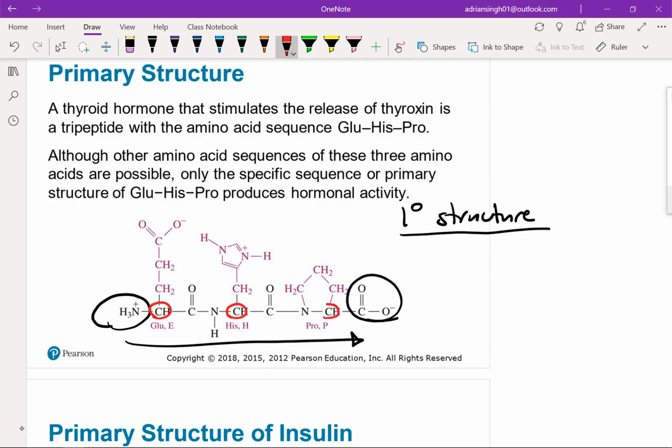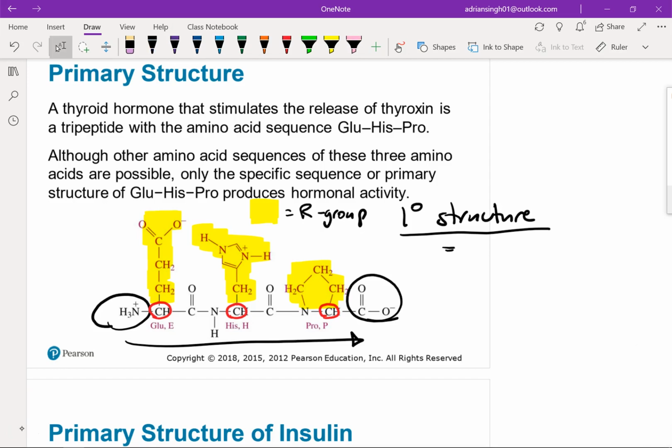You'll notice that all of them are connected on one side to a nitrogen, and on the other side to a C double bond O. That means we can look and see what else is attached to that alpha carbon. We can highlight it in yellow, and you'll see proline is an unusual case where it actually folds back upon itself. So we can use our ability to identify the alpha carbon to say what amino acid we're dealing with. In yellow here we have the R group. We can look that up on our table, and we can identify this as being glutamate, histidine, and proline.